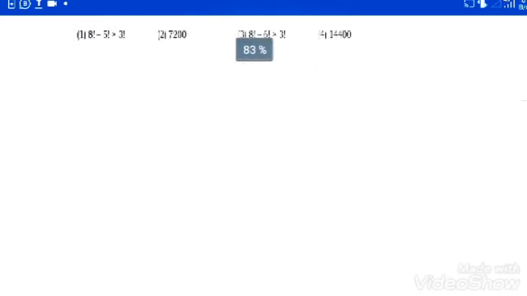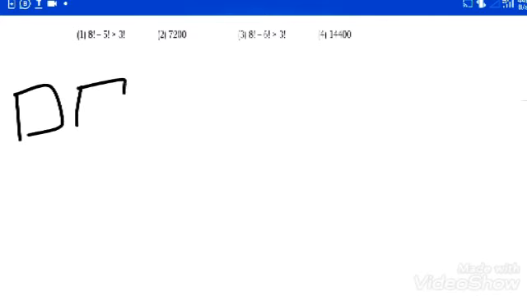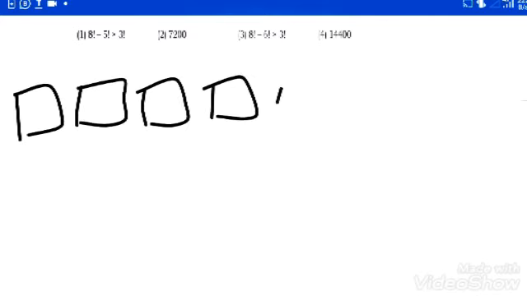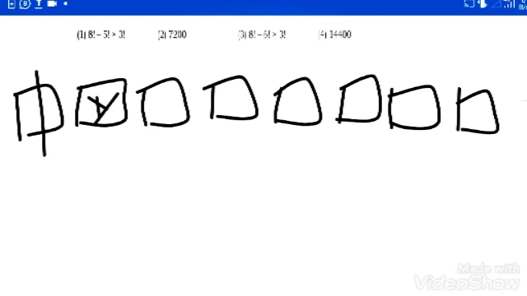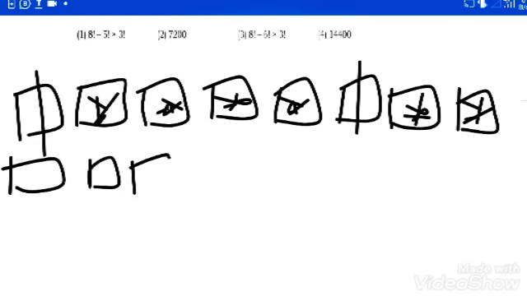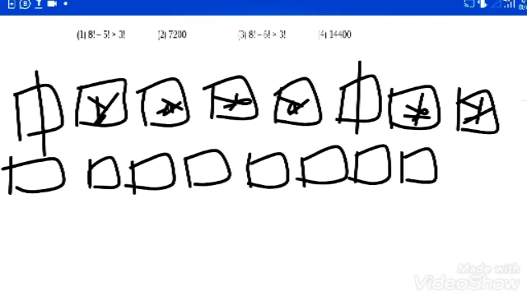I'm going to be using boxes as usual, so I'm going to have 8 boxes. How many now? 1 2 3 4 5 6 7 8. Let's assume we're putting these 2 cars here, so we're going to have 4 cars in between. The next one is going to be here. We could have another arrangement: 1 2 3 4 5 6 7 and 8. Let's say I'm putting the 2 specific cars there.